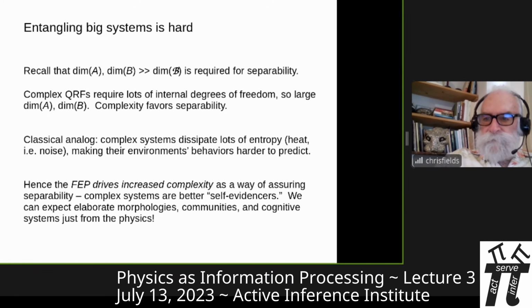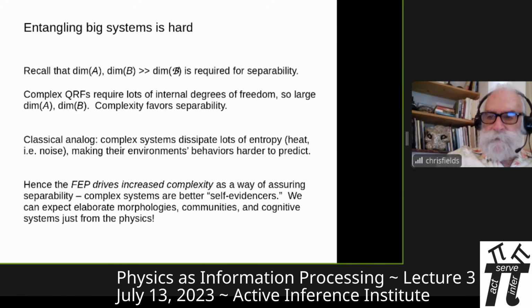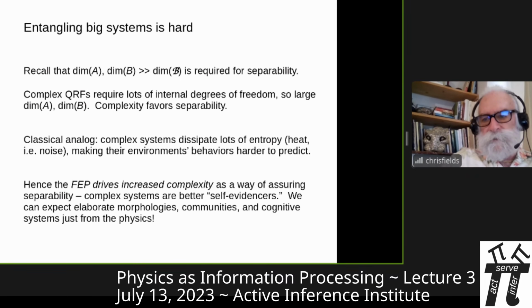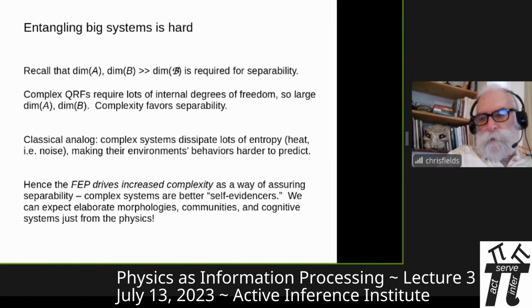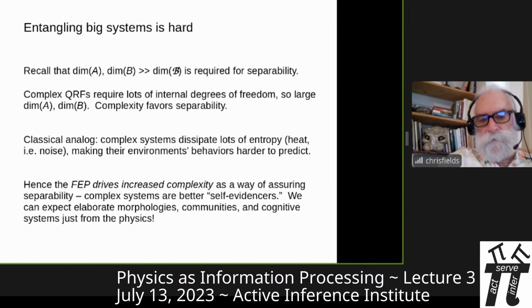So we can think of the FEP as driving systems to increase their distinctness from their environments, or to self-evidence, as Carl Friston calls it, driving this increased complexity that both makes predictions better and makes predictions harder by transferring entropy into the environment.